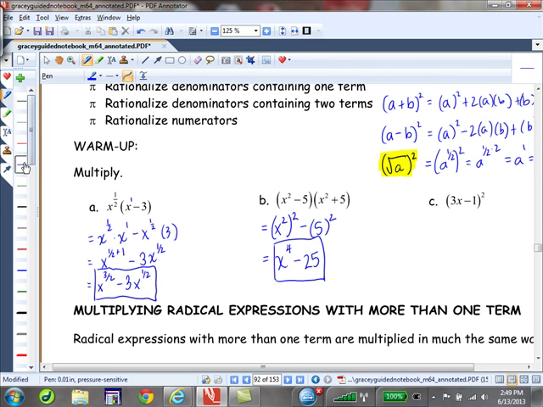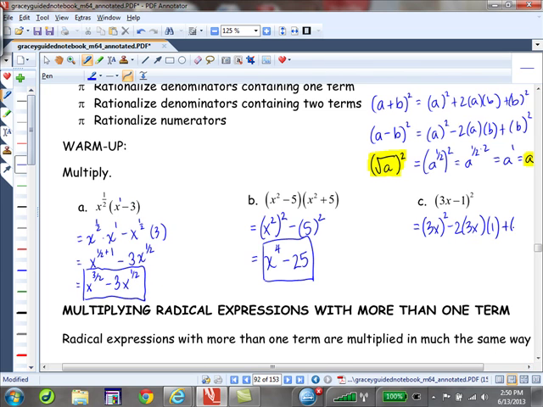Oh, here we go, Part C. So Part C, this will be our a is 3x, so we'll have 3x, the quantity squared, minus 2 times 3x, which is the a in this second formula, times 1, which is the other end, plus 1 squared.